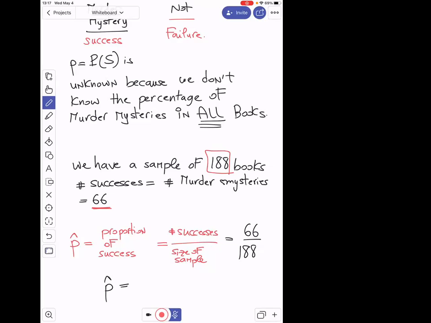So we don't know the probability of success p, the percentage of murder mysteries in all the books in the bookstore. This proportion of success, p hat, is 66 divided by 188, which is equal to 0.35. So that's your p hat.